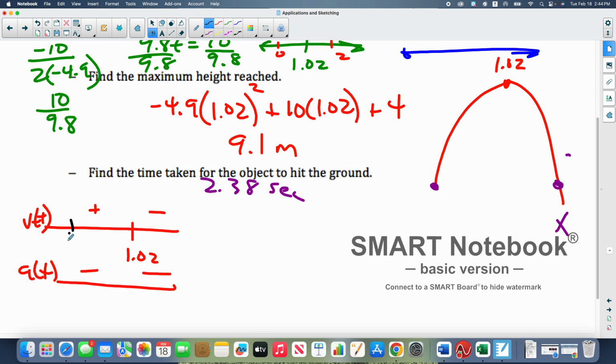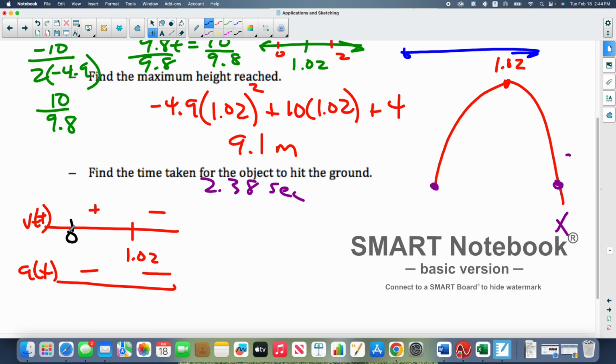I'm actually going to add a critical value of a 0 on that sign chart right there. Why? It can't be less than 0. This is time, correct? I can't go negative time, so I can only be positive time. So this is when I threw the object in the air.